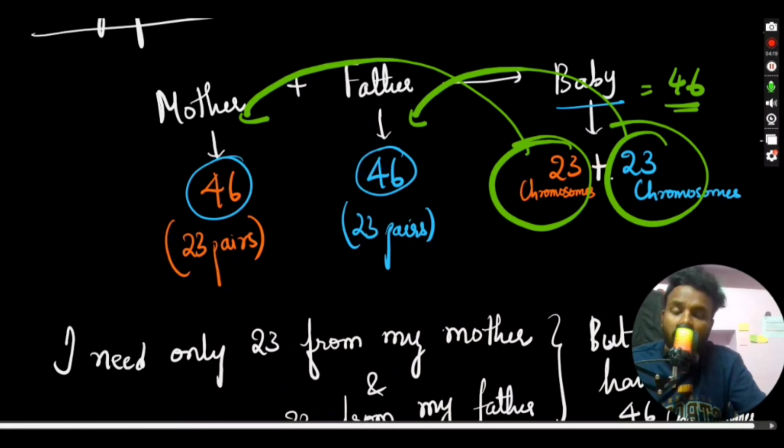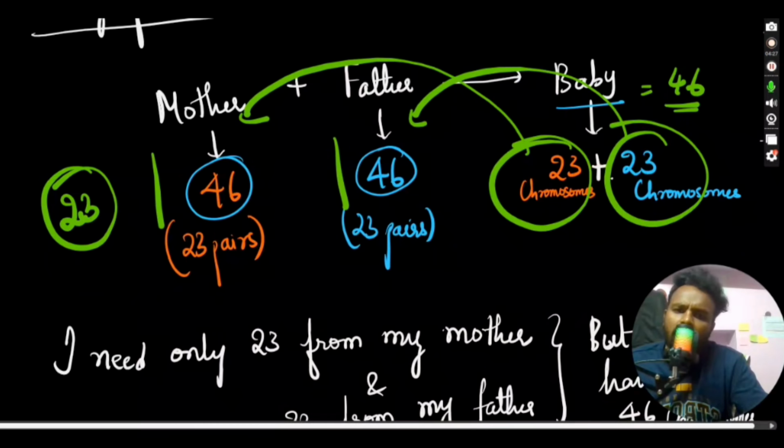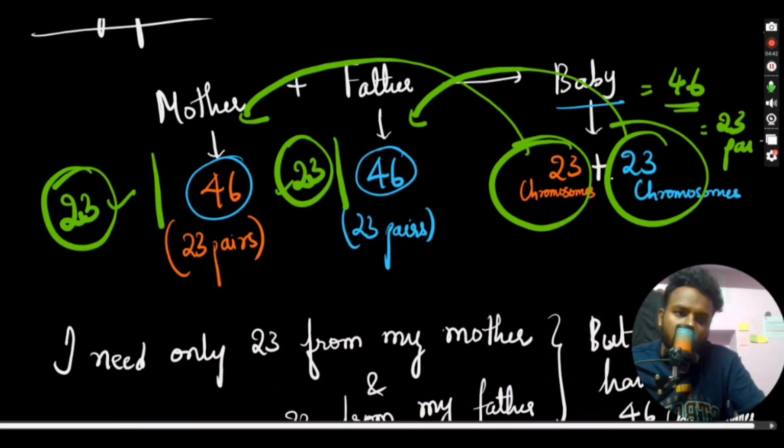It means the baby should get half from the mother, half meaning 23, right? And from the father, 23 chromosomes are needed, so that the baby gets 46 chromosomes totally, and it becomes 23 pairs, which gives human characteristics.